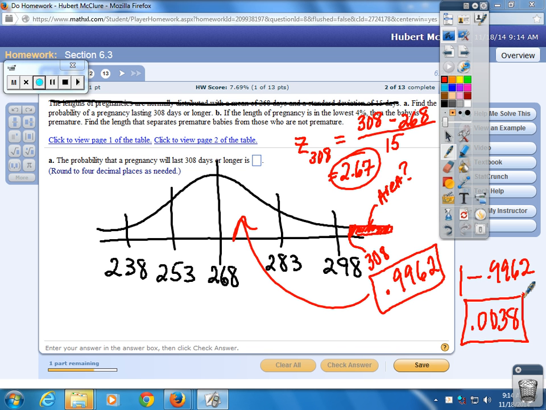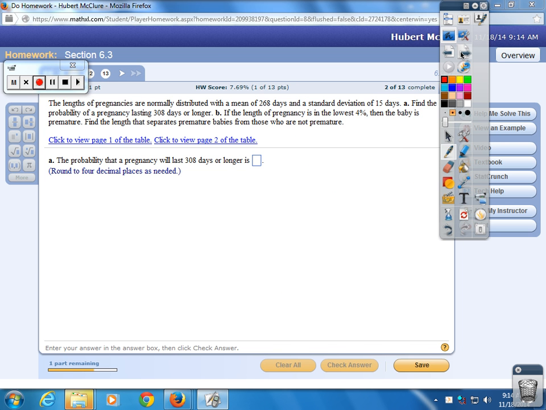Find the length that separates premature babies from those that are not premature. I'm trying to see where it says that. No, it's negative because the average is. I'm trying to see where it gives us the lowest one.